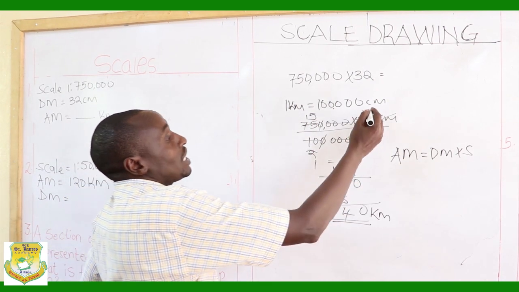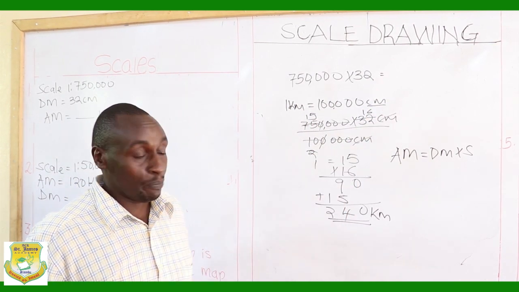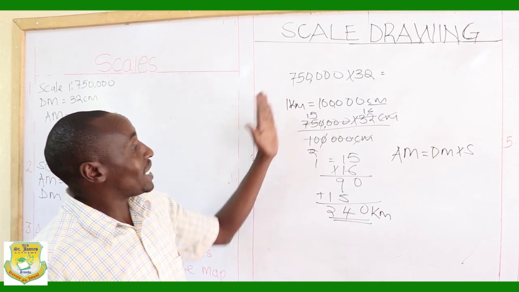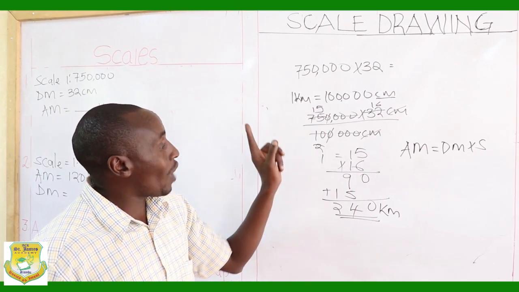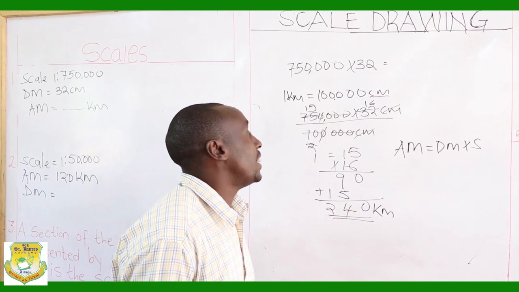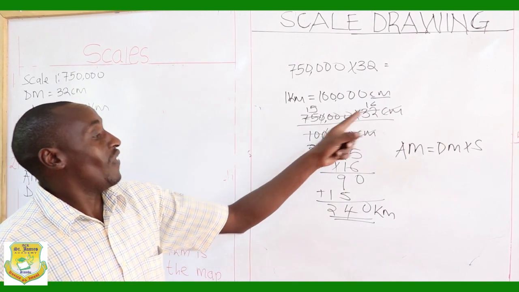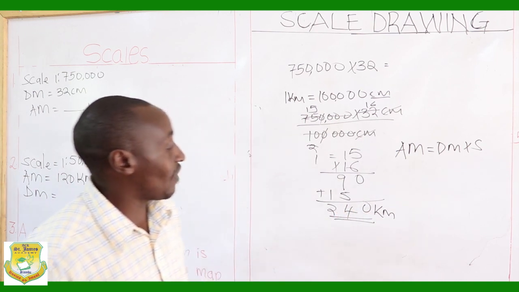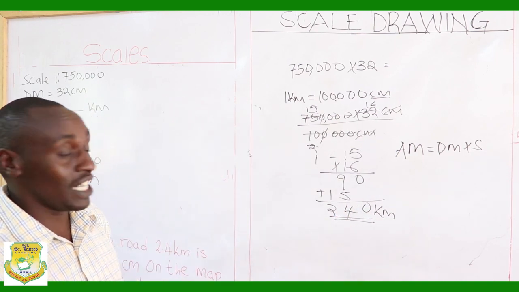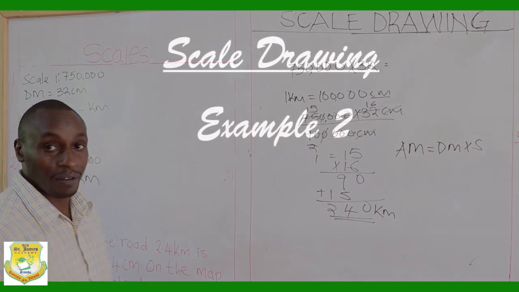Whatever you get, we have said will be in centimeters. So we convert these centimeters into kilometers. We know 1 kilometer is equal to 100,000 centimeters. We divide so that we get our answer in kilometers. So the answer for the first sum is 240 kilometers.